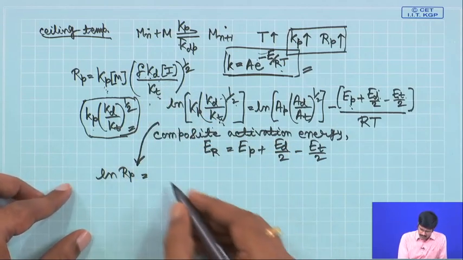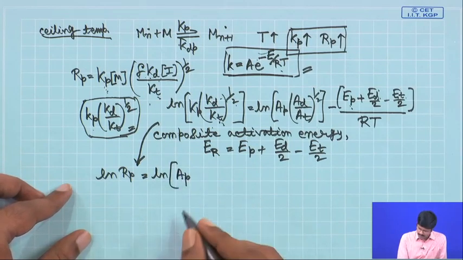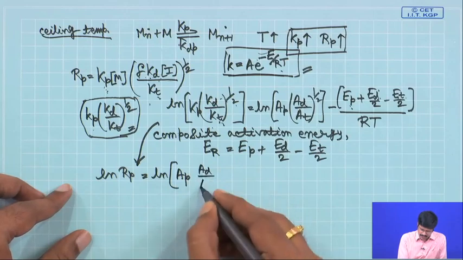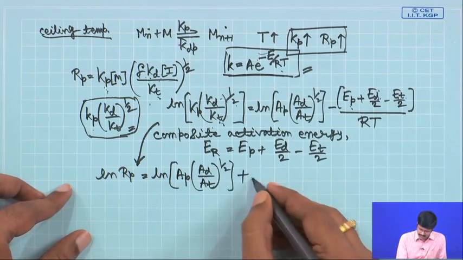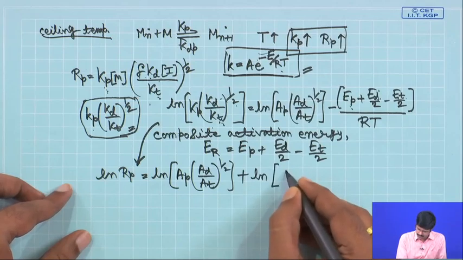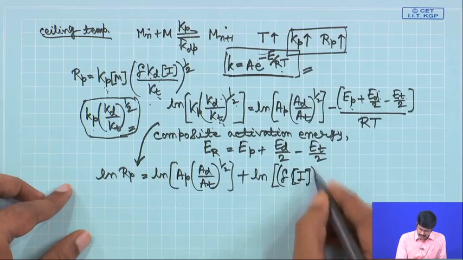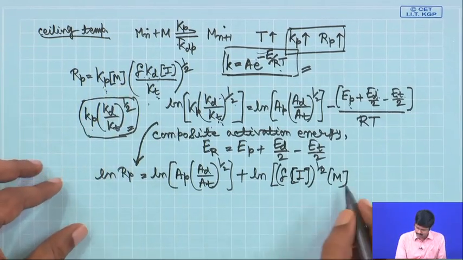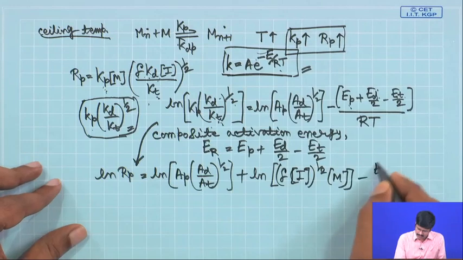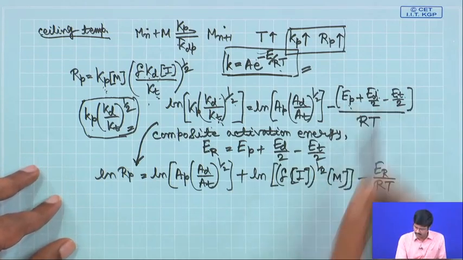So, the expression will become something like this: ln (Kp Kd divided by Kt to the power half) plus ln F, I to the power half into concentration of the monomer that comes into the picture, minus ER by RT, where ER is the overall activation energy or composite activation energy, which is nothing but this.